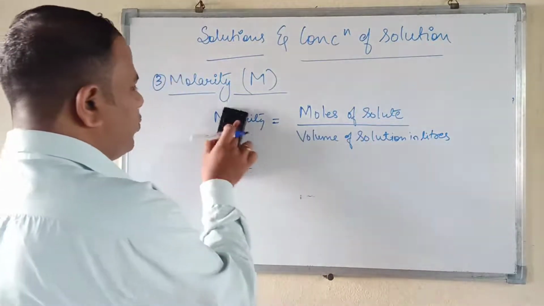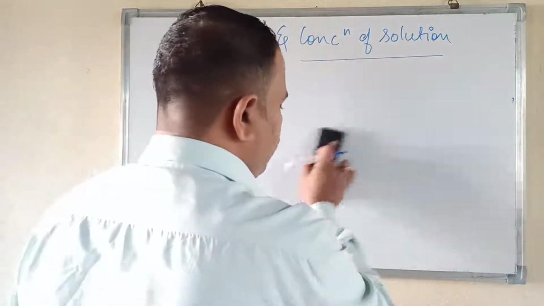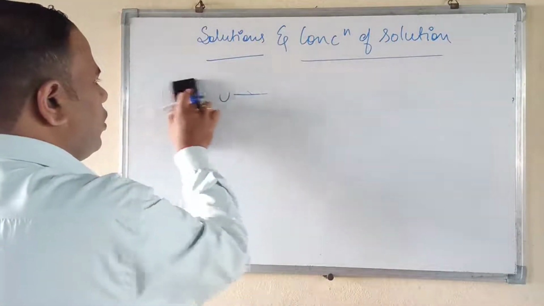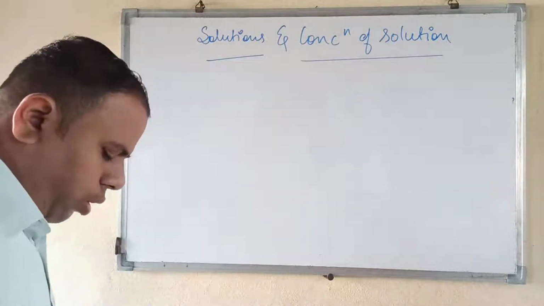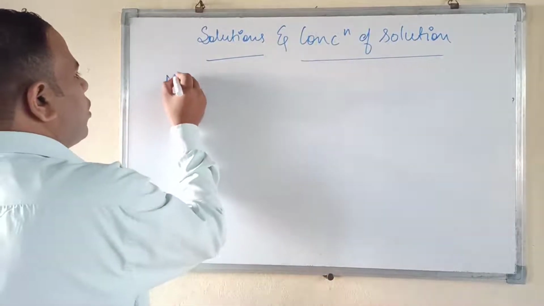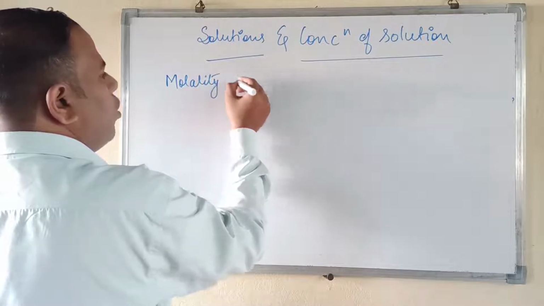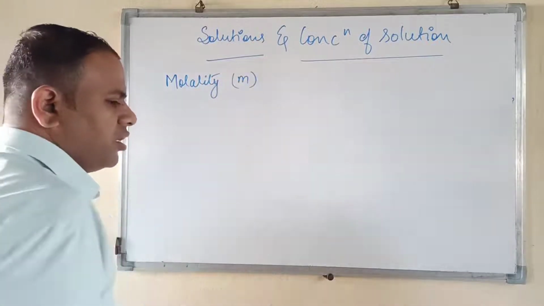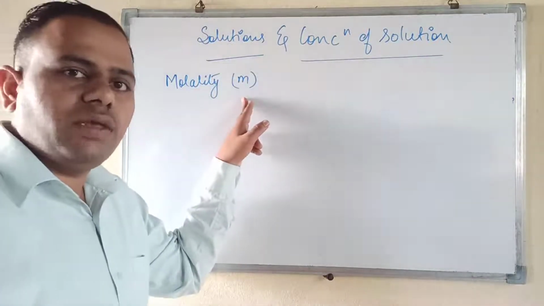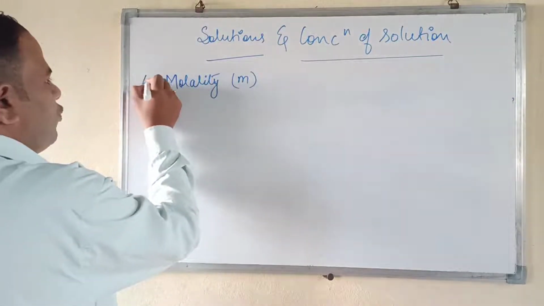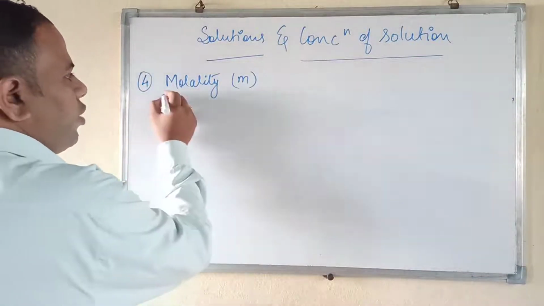Now we'll be moving towards the next unit, that is molality. Molality is always denoted by the symbol small m. This is the 4th concentration unit that we are going to see here.